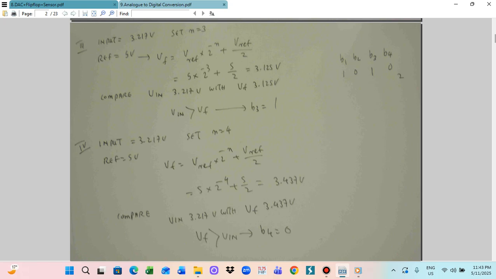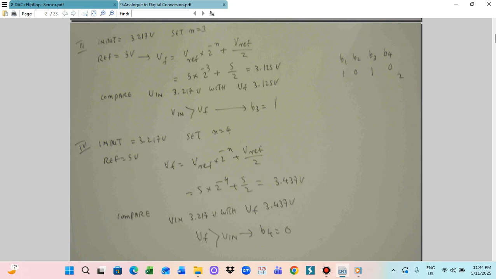Firstly, the reference voltage starts from 2.5, then the second position is 3.75, then 3.125, and 3.4375. So those voltages are changing, and then you compare this changing reference voltage with the input voltage.